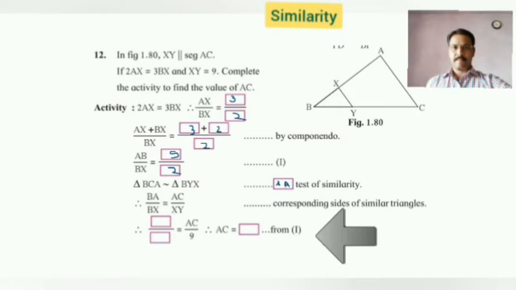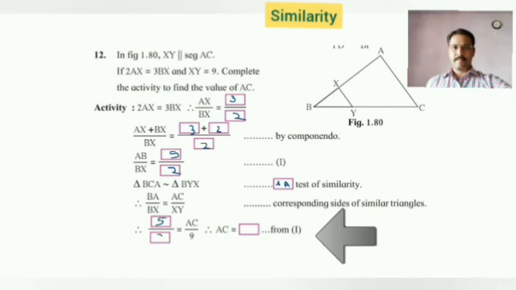Now after proving the two triangles are similar, we can take their corresponding sides are in proportion. See, BA upon BX is equal to CA or AC upon YX or XY. These are corresponding sides of similar triangles. Therefore, AB upon BX means BA upon BX, which is 5 by 2. Already we know this, so write 5 by 2.